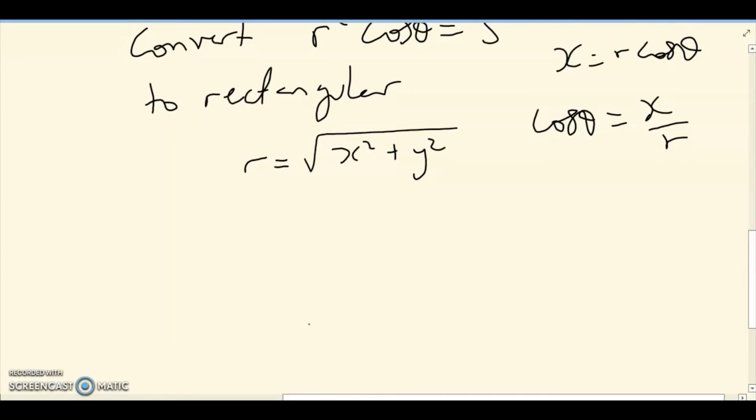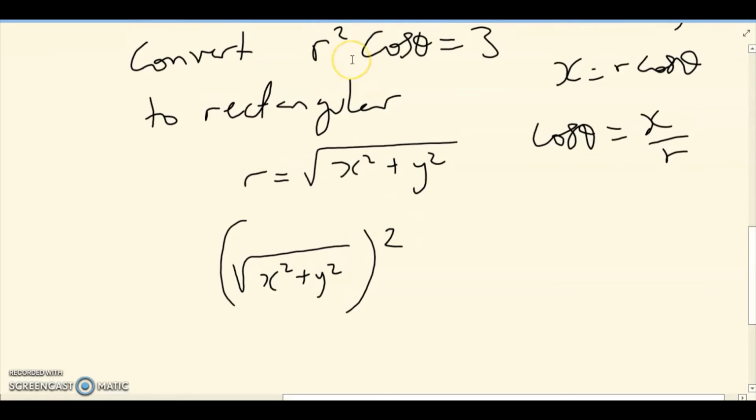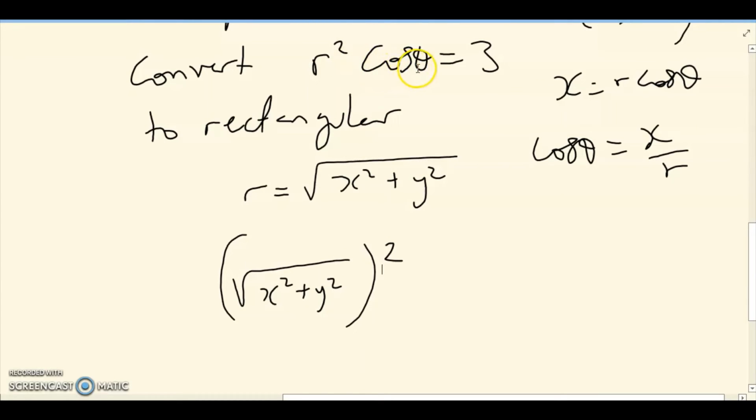So we're going to have root of x squared plus y squared, squared. Then cos theta is x over r, which equals 3.